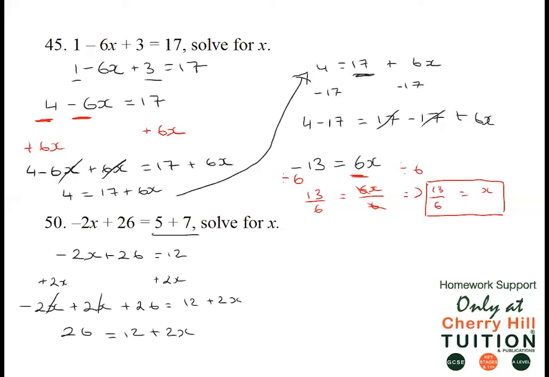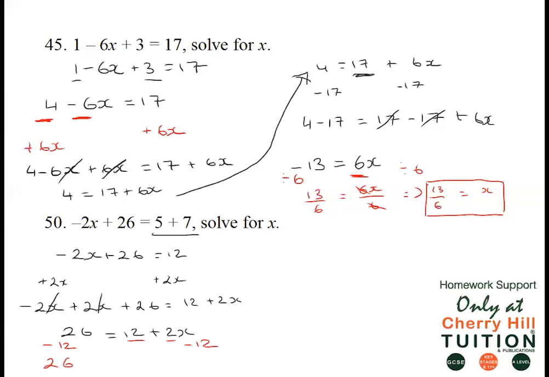Now we still have the 12 and the 2 that are stopping the x from being on its own. So let's start by eliminating the 12. In order to do this, we need to do the opposite of plus 12, which is minus 12. So we minus 12 on both sides.